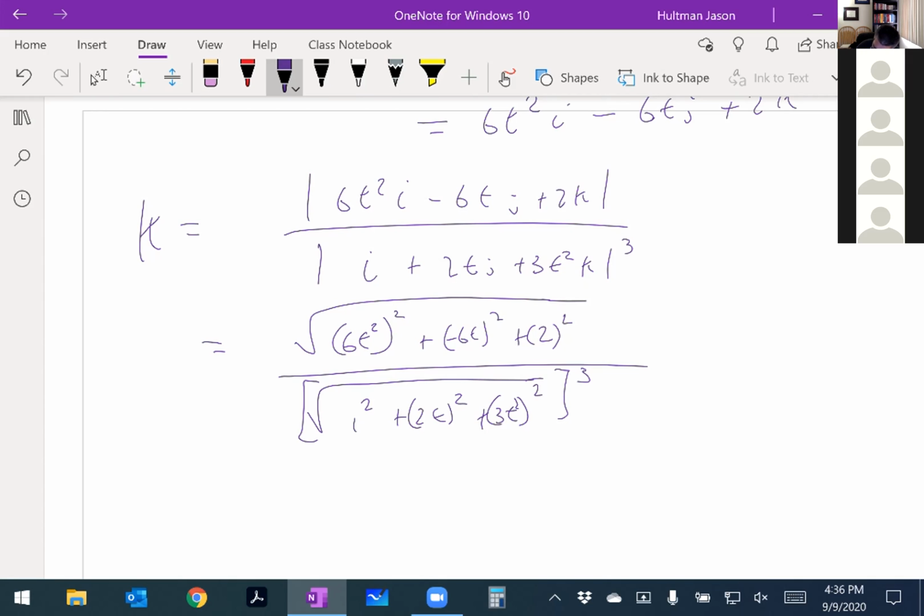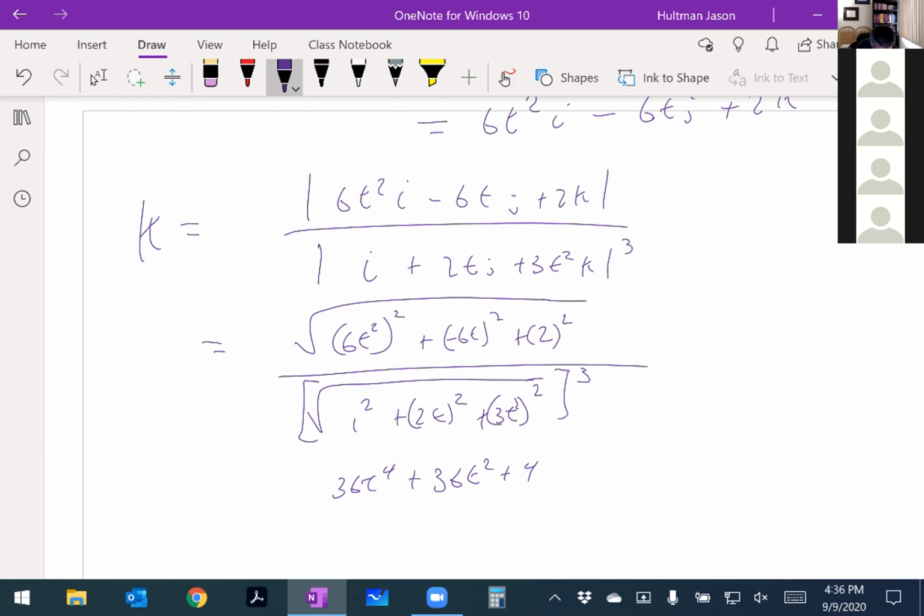So the thing here is going to be 36t to the fourth plus 36t squared plus 4.